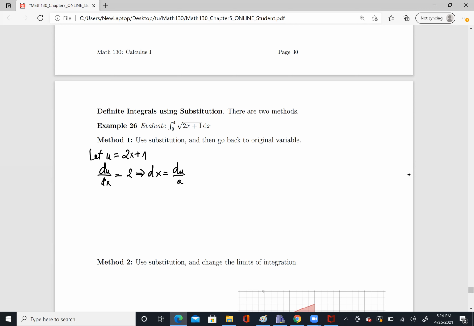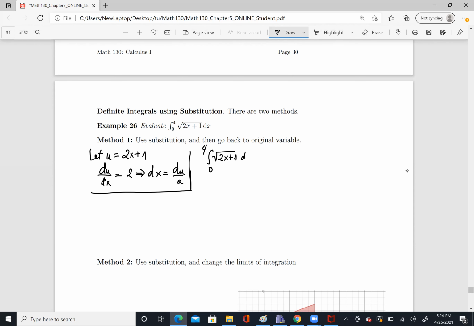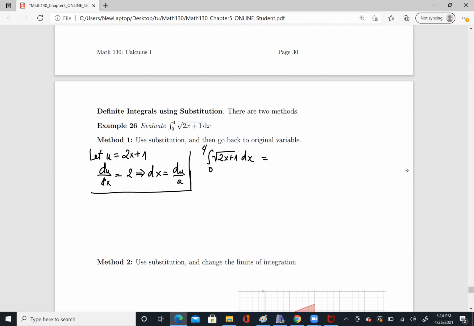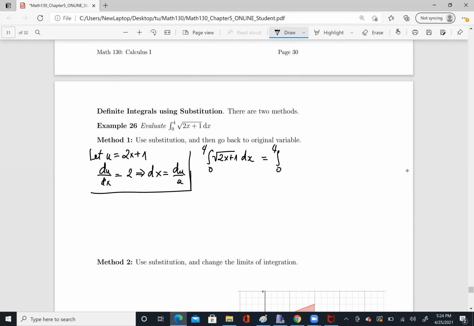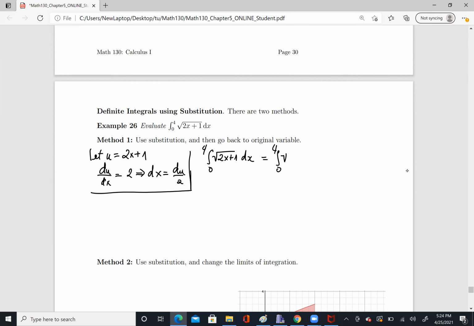Okay, so now I'm going to substitute. I have the integral from 0 to 4 of square root 2x plus 1 dx, which will be equal to the integral from 0 to 4 of square root u du over 2, and that's equal to 1/2 the integral from, actually, let me see.